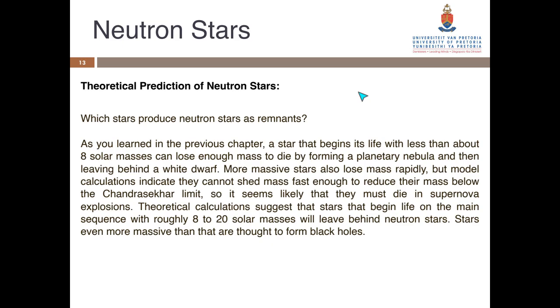So it seems likely that they must die in supernova explosions. Theoretical calculation suggests that stars that begin life on the main sequence with roughly 8 to 20 solar masses will leave behind neutron stars, and stars even more massive than that will form black holes.